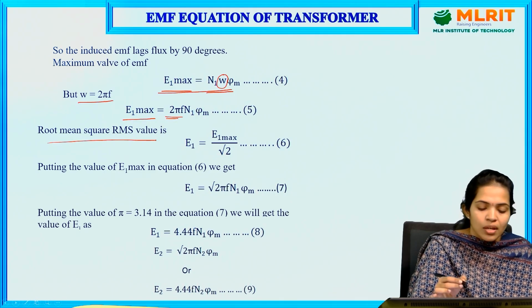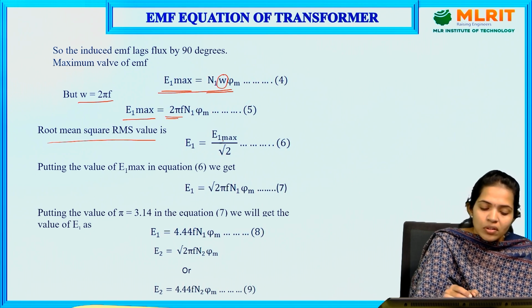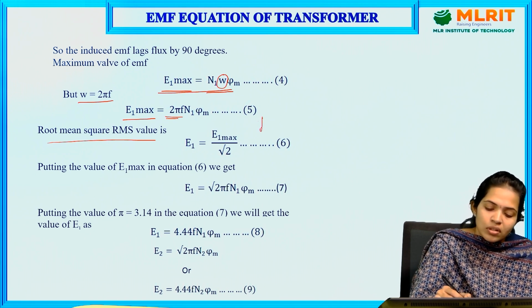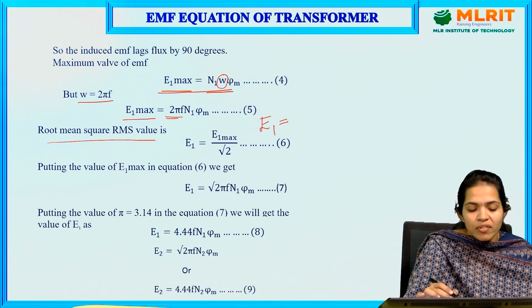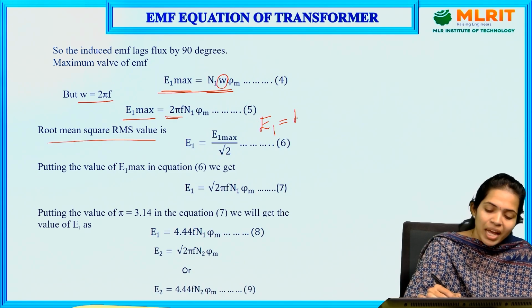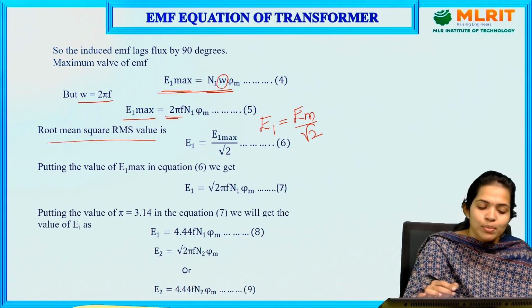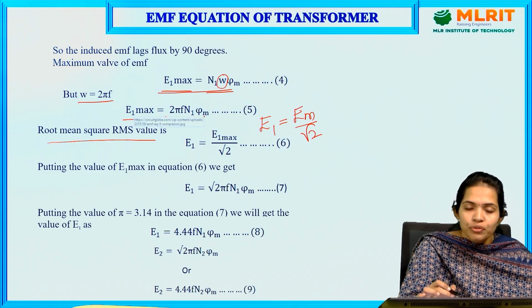So the RMS value of induced EMF E1 is nothing but maximum value by root 2. So maximum value, we have got it as 2 pi f N1 into phi m.